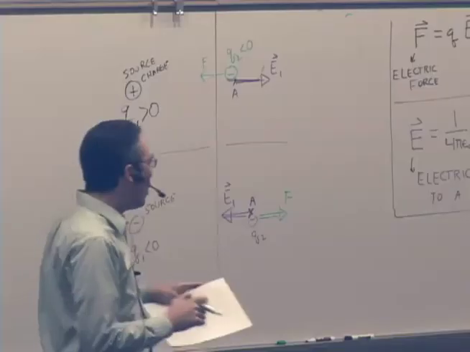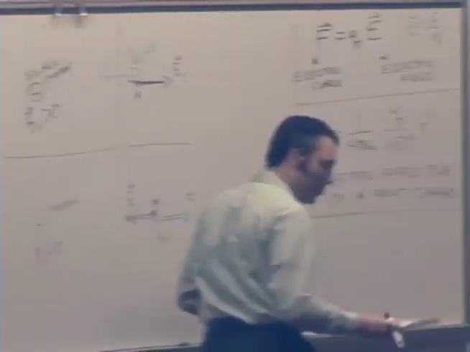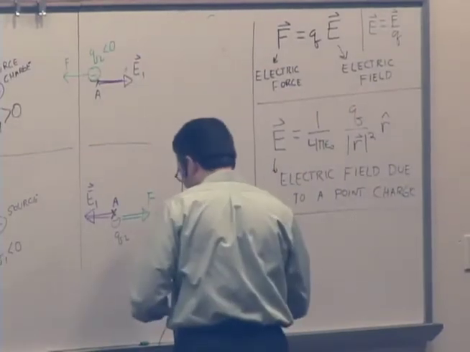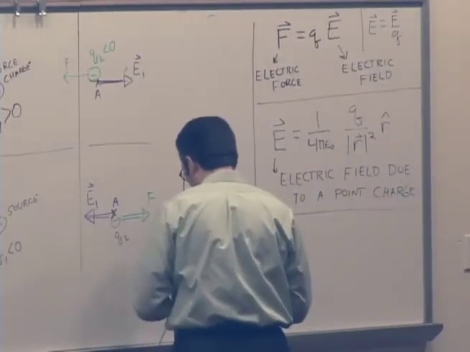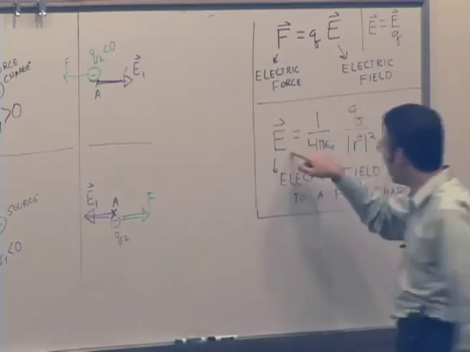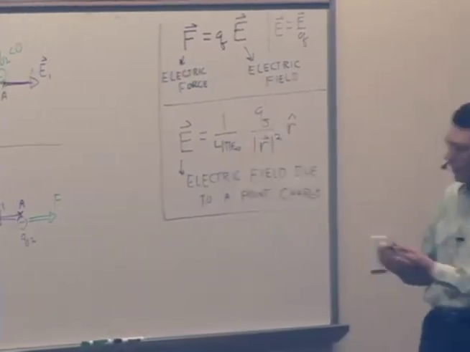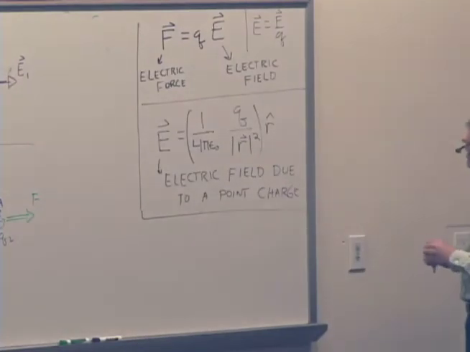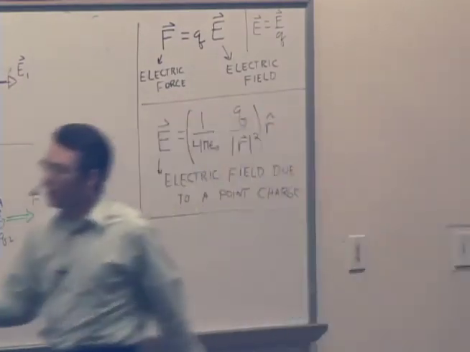Yes. Well, I'm basing it off of here, right? Because it comes back to how we're determining that the electric field due to a point charge is from this relationship, this formula, okay? And so think about how we determined this.